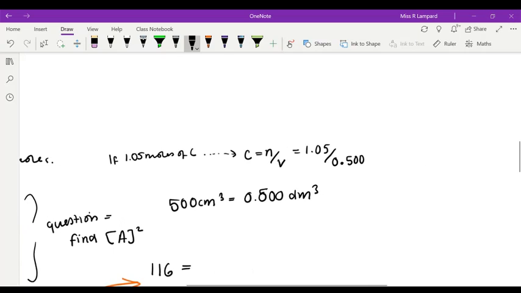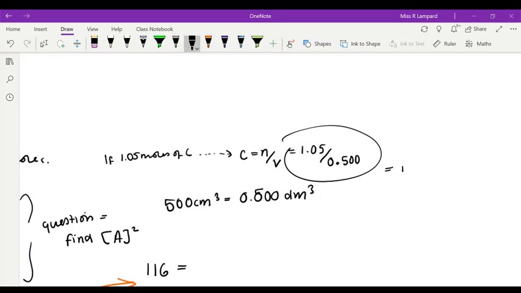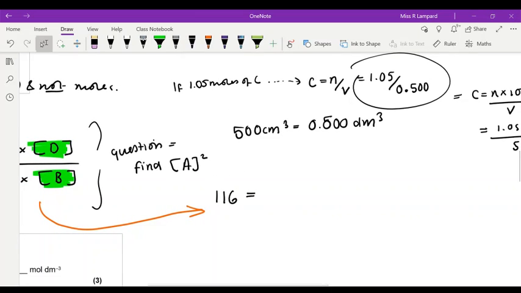This is exactly the same as saying C equals n times 1,000 over V, which would just give us this. However, I'm taking out this multiplying by 1,000 step by originally converting my volume into decimeter cubed, because when we come to put it into this expression here, you'll see it looks simpler than adding in your times by 1,000.